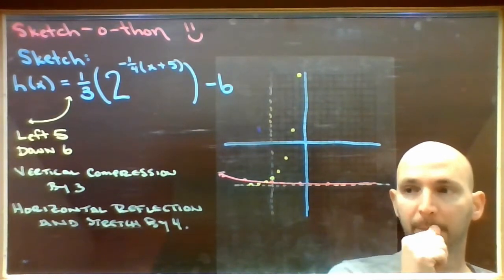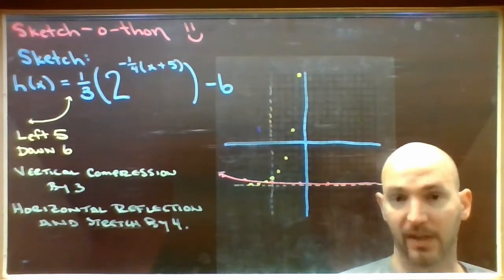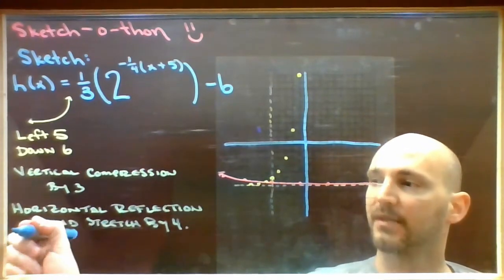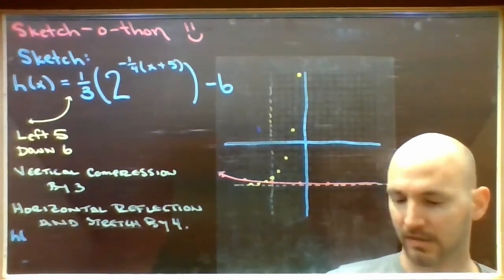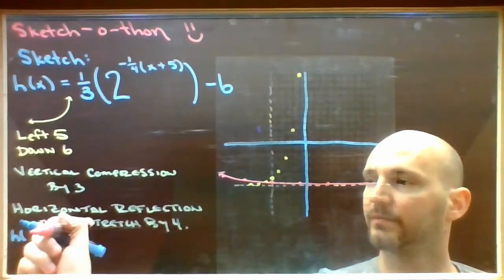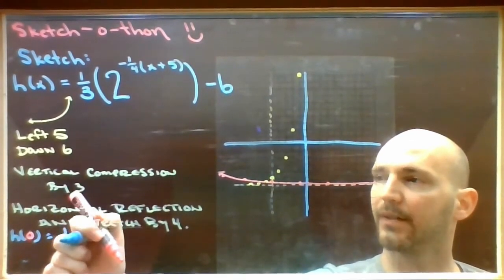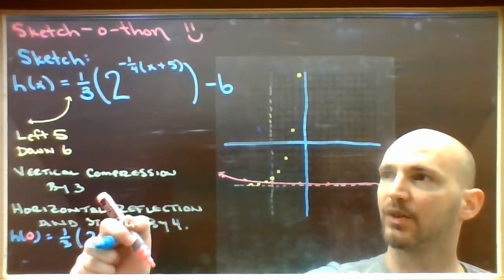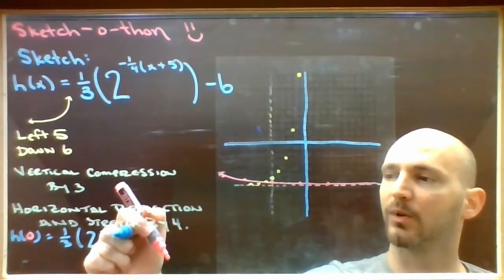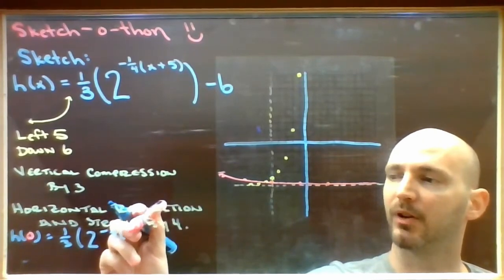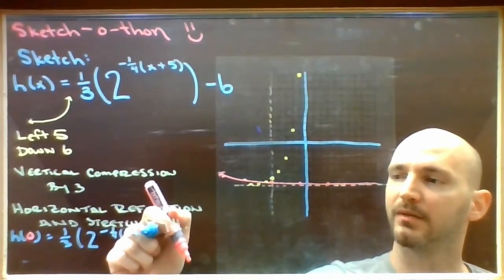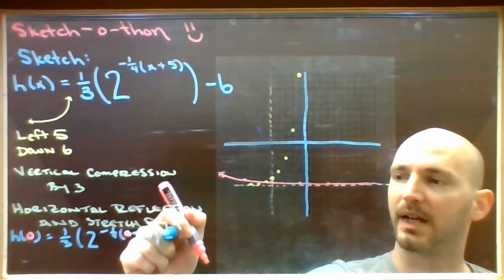All right. So as always, you should investigate your y-intercepts. So h at 0 would be 1/3, 2 to the power of -1/4 times (0 plus 5), minus 6.